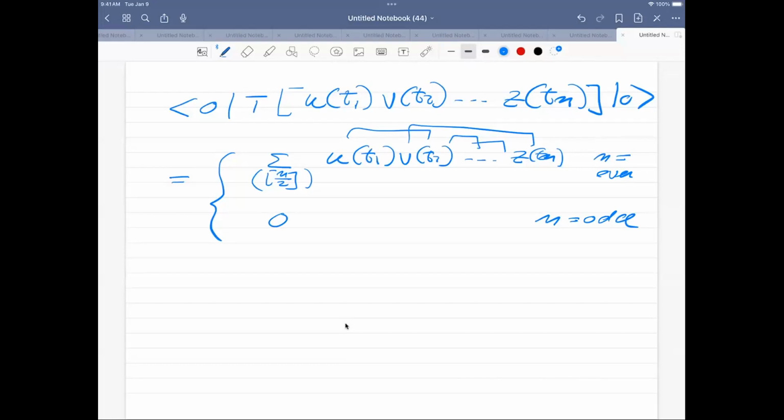And for those of you who have taken a course in quantum field theory, you will see immediately the connection with what you did with the relativistic theory, because then you would have energy and momentum, or time and momentum, or time and position, as the possible degrees of freedom. Now, we can Fourier transform time into energy, and that would give us the non-relativistic equivalent of what you have seen in quantum field theory.